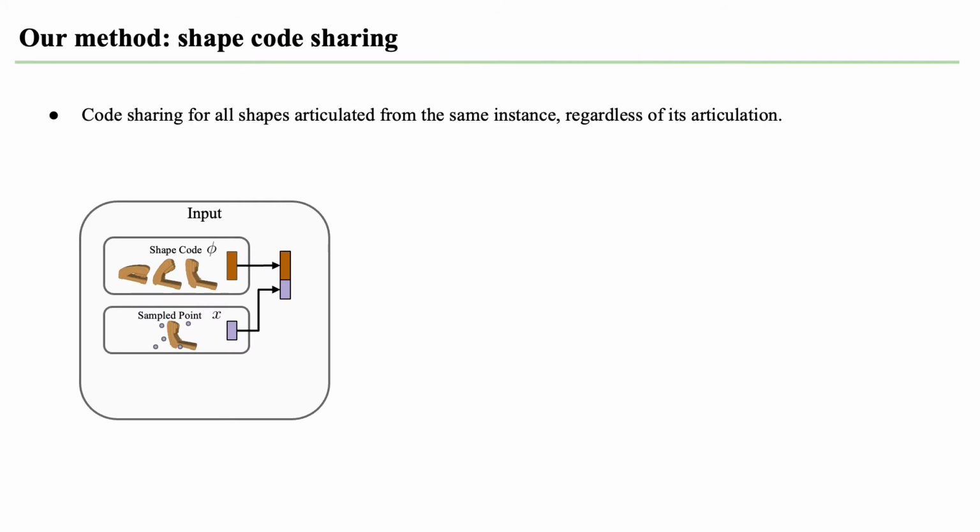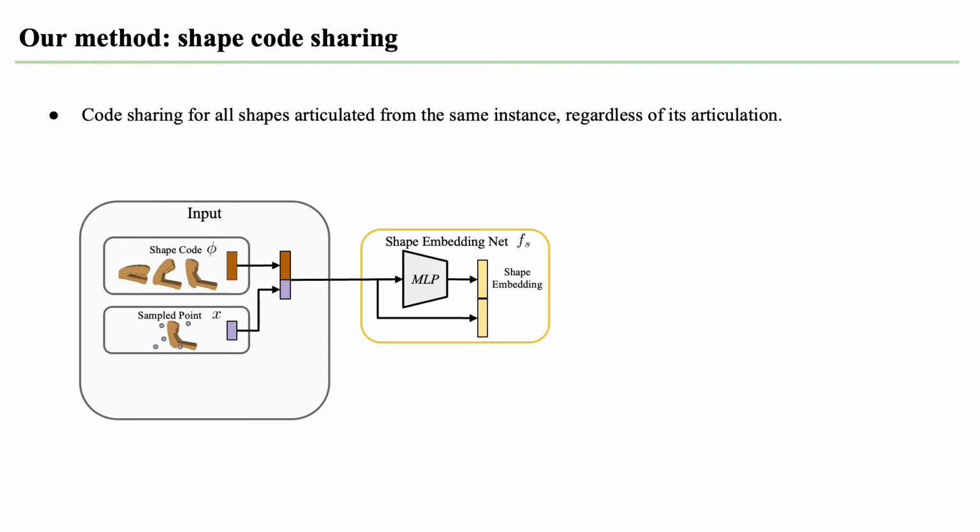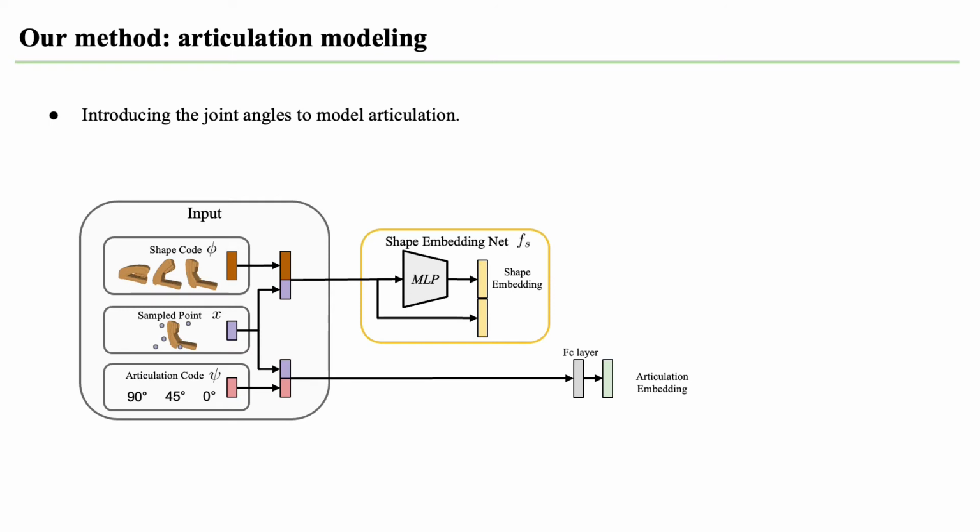Specifically, during the training stage, we first randomly initialize one shape code for each instance and concatenate the shape code with the sampled point. Then the concatenated shape code and sampled point are input to a shape embedding network to form a shape embedding. To model articulation, each sampled point is also concatenated with the articulation code and passed through an FC layer to produce an articulation embedding.